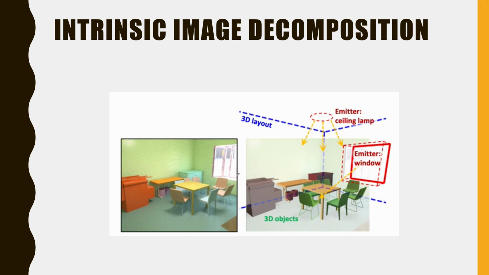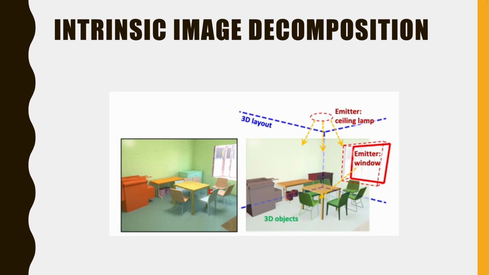As you can imagine, a pixel here, which is a single color, is actually the result of many interactions. So this task of intrinsic image decomposition is really hard because of the nature of the problem, where you have, for a single pixel, many components that work together.